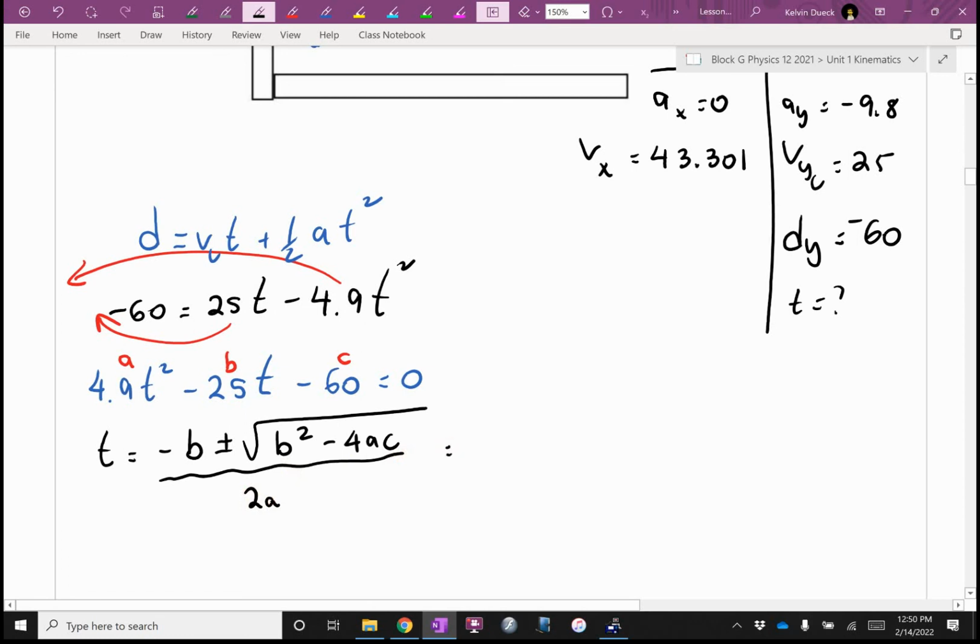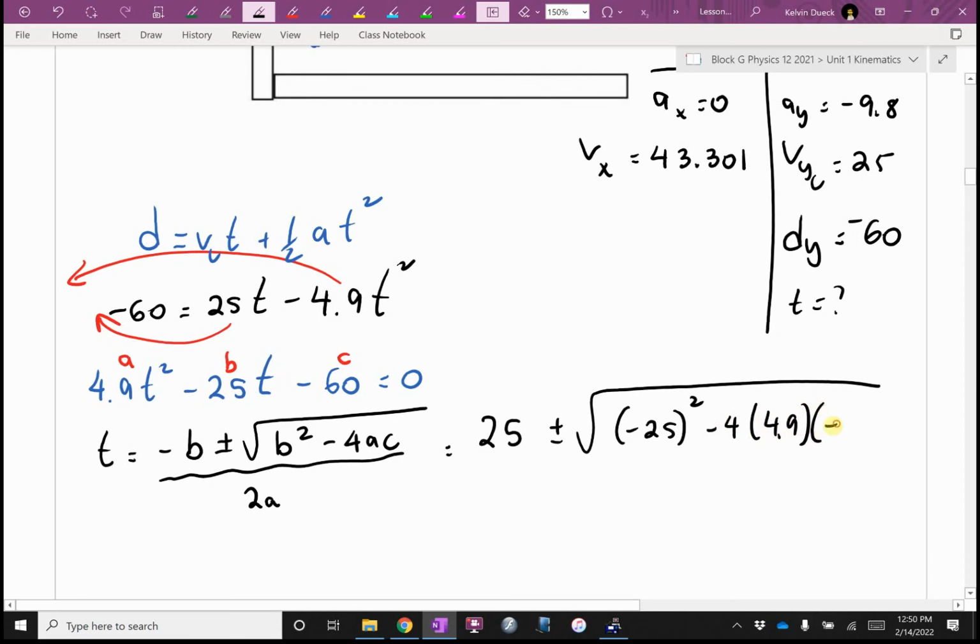It's going to be negative b, well, negative 25 is positive 25, plus or minus the square root of negative 25 squared minus 4 times positive 4.9 times negative 25. No, negative 60, Mr. Dewick. Sheesh. All over 9.8.